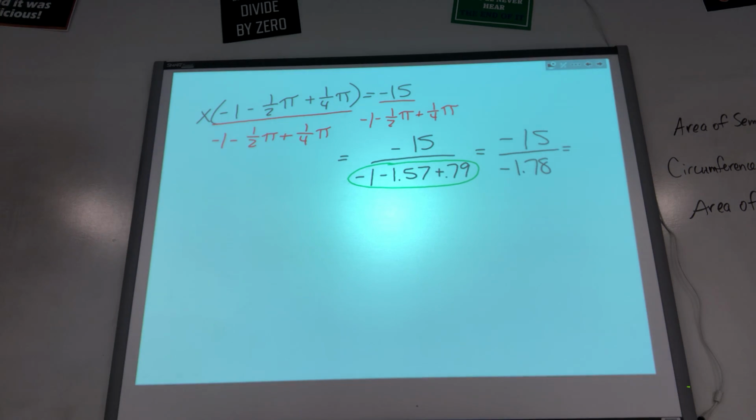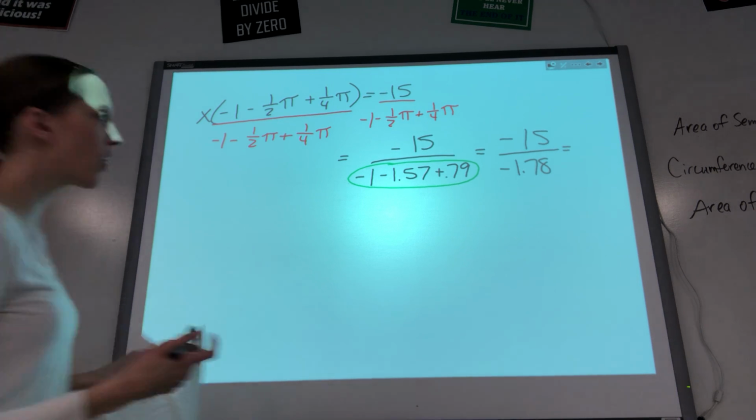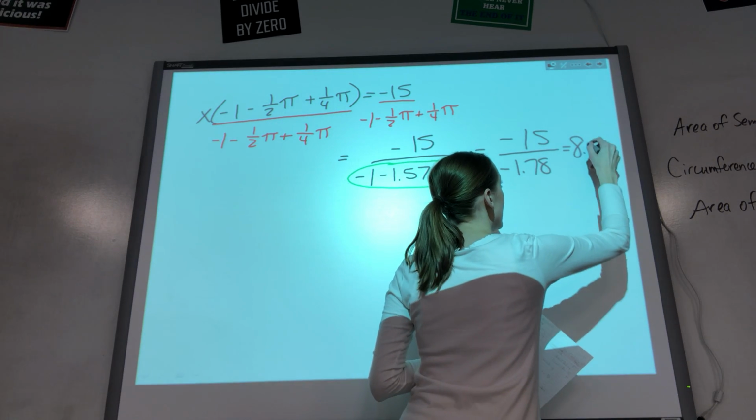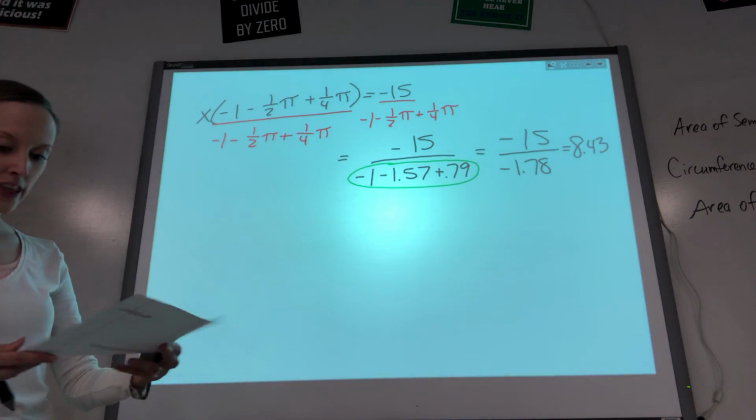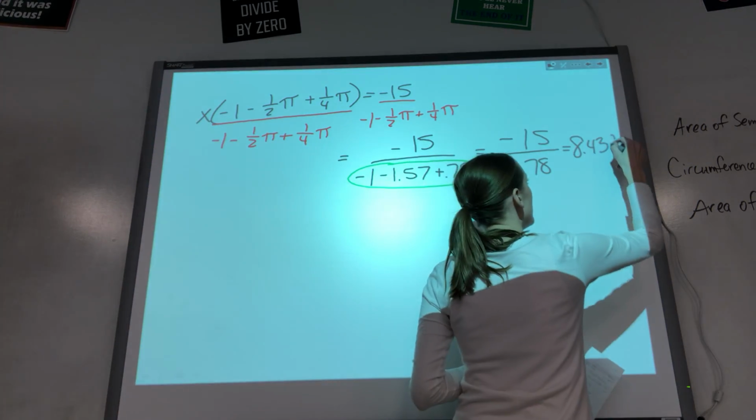So finally, take -15 divided by that number, and I didn't really put what to round to, but I would say 1 or 2 decimal places is fine. I got 8.43.